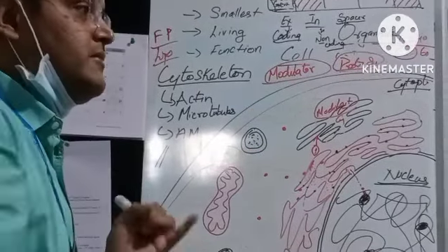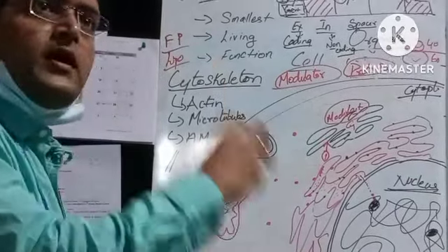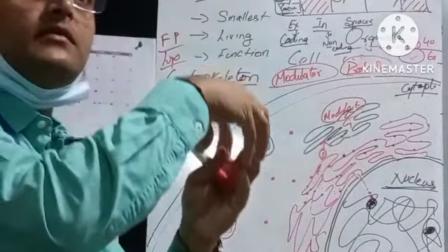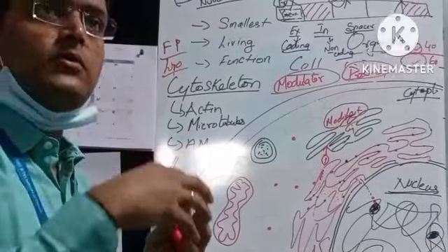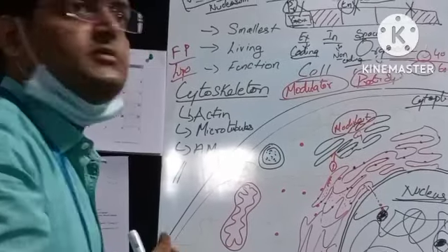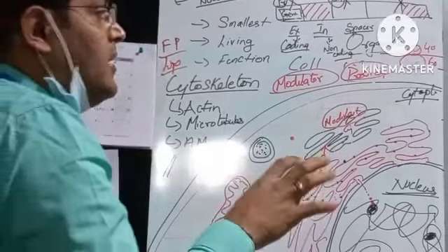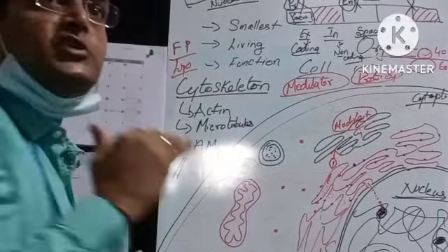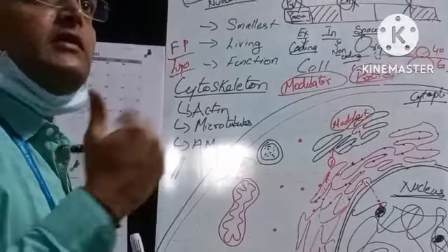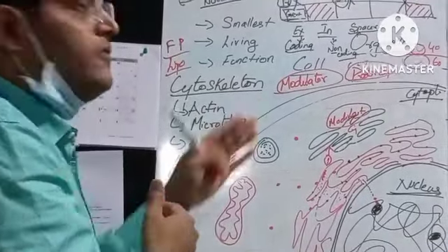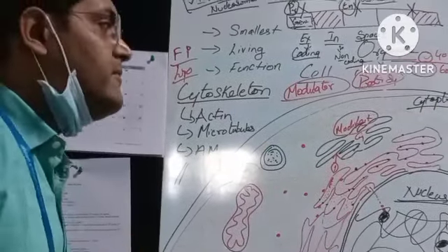There are two things: correct fold, and the fold that goes and combines with a fat or a carbohydrate depending upon your body's requirement. Depending upon the location of the cell, the composition of these organelles changes. If you see liver cells, you have more Golgi because the liver is very active.